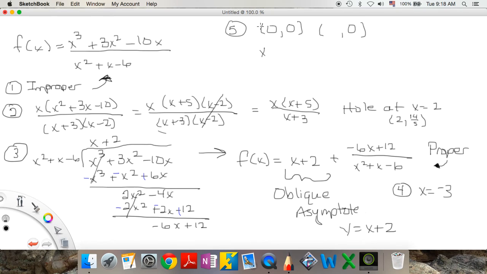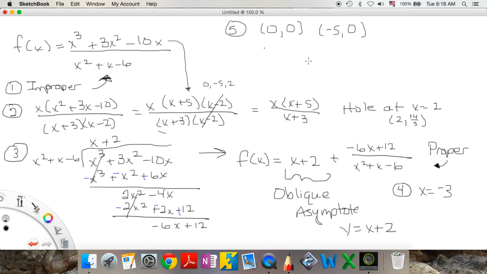We already factored that here. So this is what that factors to. So we know that 0, negative 5, and 2 are going to make the top equal to 0. Well, we've already got the 0 here. We already know that that's going to be one of the places that it intercepts. We know that at 2 we have a hole, so that's not going to work. So negative 5 comma 0 is our other intercept.